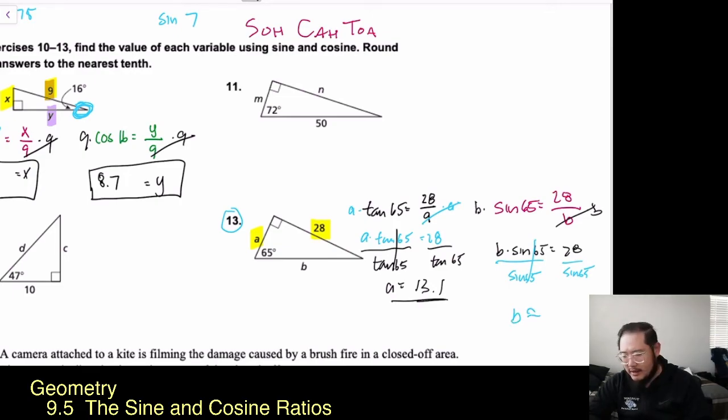Let's plug that into the calculator, and I get 30.89. Well, that 9 will take that 8 and move it up, so we get about 30.9 right here as side B.